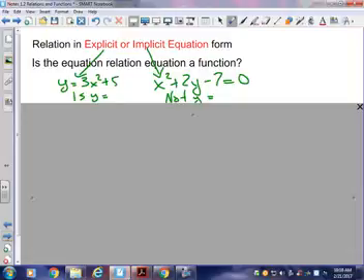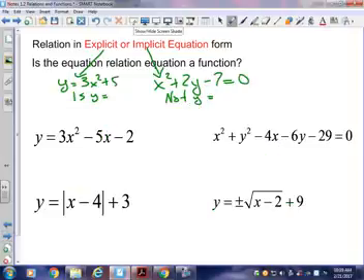I'm just going to talk about, is it a function or not? And to do that, we're going to look at a variety of different kind of equations. If it's a y equal 2 equation, that doesn't mean it's going to be a function, but it's got a better chance. If it's an implicit, we've got to look for something specific to make sure that it doesn't meet one of the criteria that would make it not a function. Okay?